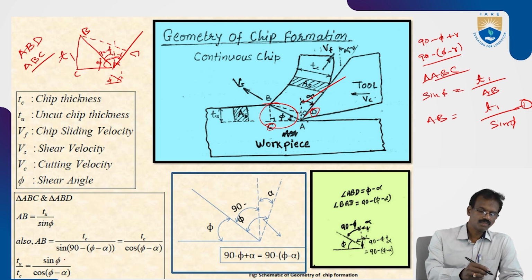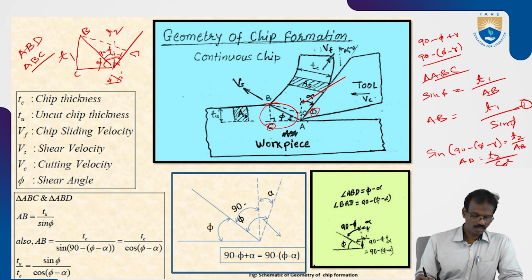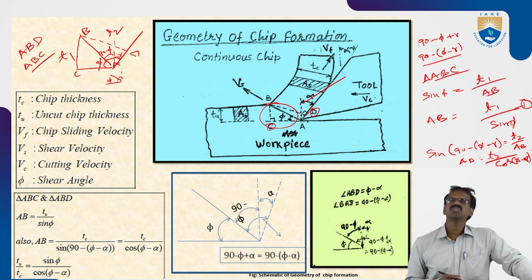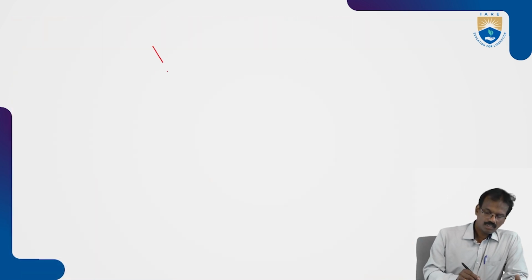BD is equal to the chip thickness, that is T2. Then sine of 90 minus phi minus gamma is equal to T2 by AB. Then AB is equal to T2 by cos of phi minus alpha, or gamma, anything that shows the rake angle. So this is the AB.